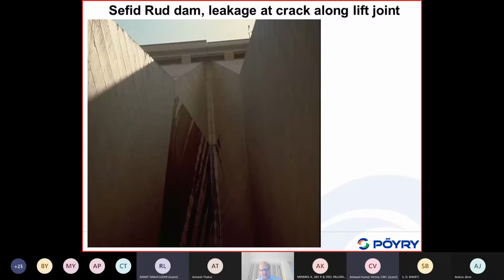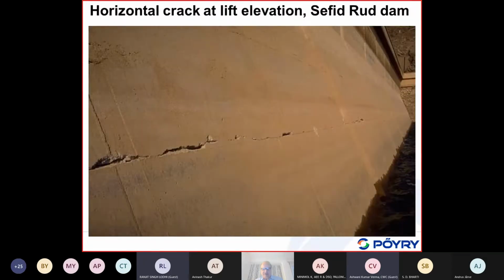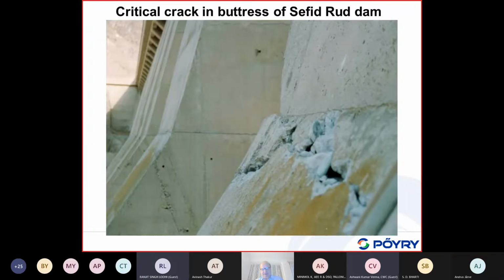As I've shown there already, this is just a justification of a mathematical model which has been used for a safety evaluation. It is based on the observations made during the Manchil earthquake. We have these cracks upstream, again over the whole length along lift elevations.